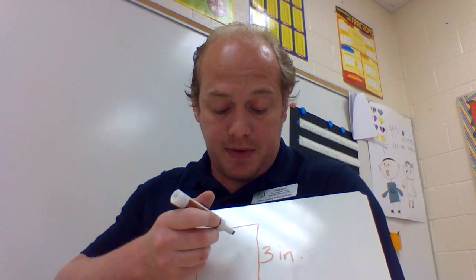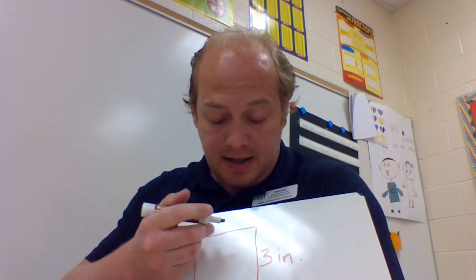Now, like we discussed yesterday, the defining characteristic of a square is it has 4 equal sides. So that means if one side is 3, then all of the sides are 3. So if this side is 3, then this side is also 3.